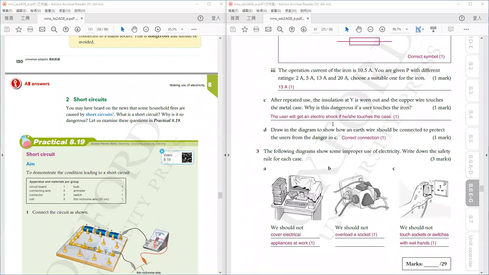So the normal operation current is 10.58. We should choose a fuse rating that's slightly higher than 10.58. So we choose 13A.